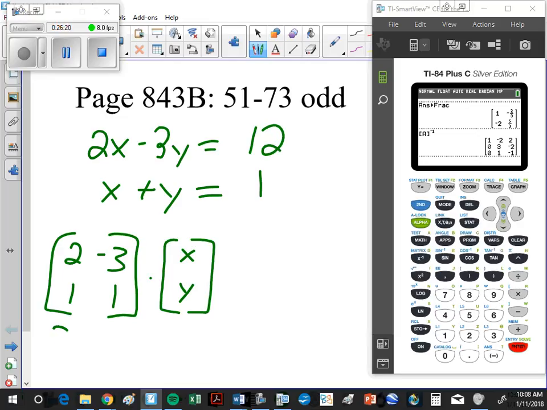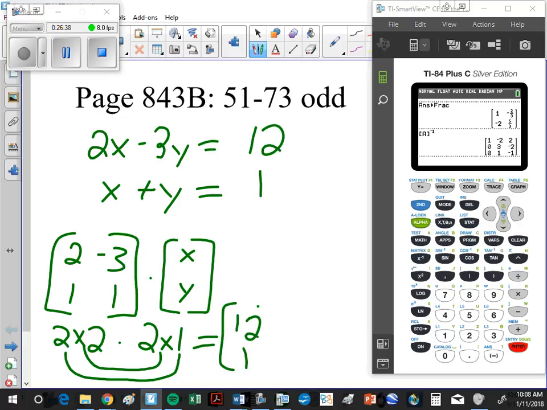So this is a 2 by 2 multiplied by a 2 by 1. So the answer should be a 2 by 1. These match. So the answer should look like this, and the answer is 12, 1. Oh, I put that in the wrong place. Sorry. That is another way to represent the system using matrices.